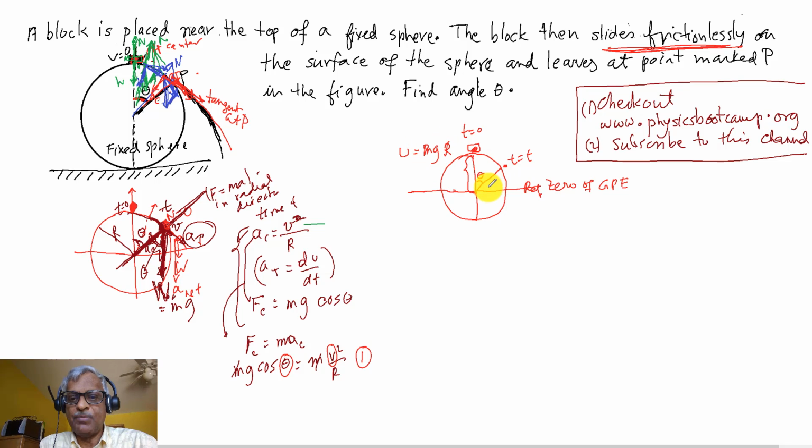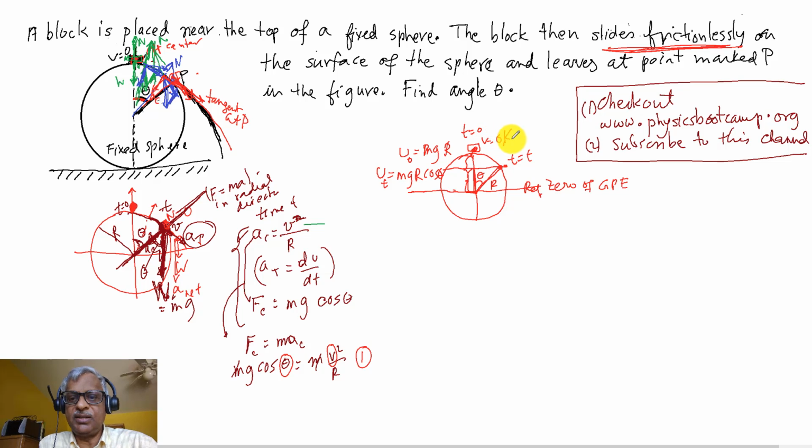And when it's over here at that height, I need to figure out that height. Well, if this is r, then this one is r cosine theta. So at this level, U at 0 is like this, and U at t is mgr cosine theta.